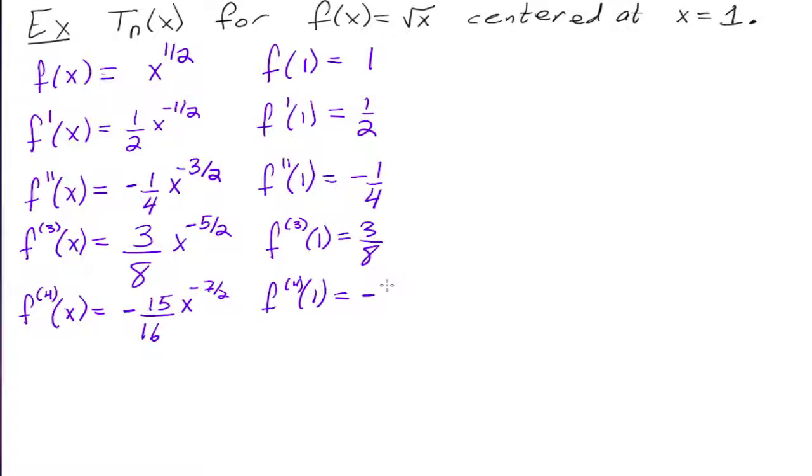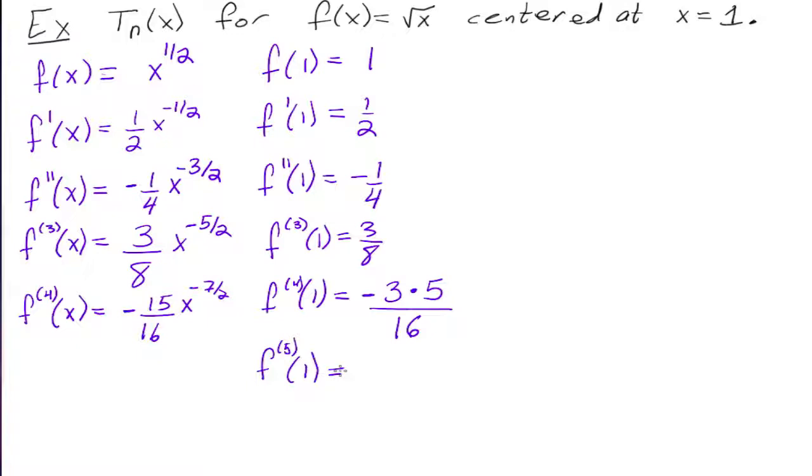But let me write it like this. So let me write it as 3 times 5 over 16. So can you guys see what the next one is going to be? Can we predict, without finding the actual derivative, the value at 1 of the fifth derivative? What is it going to be?